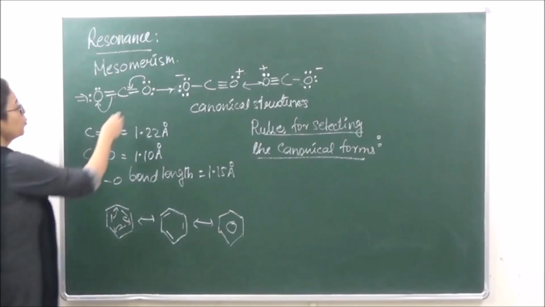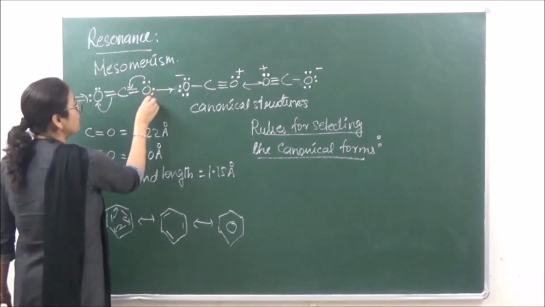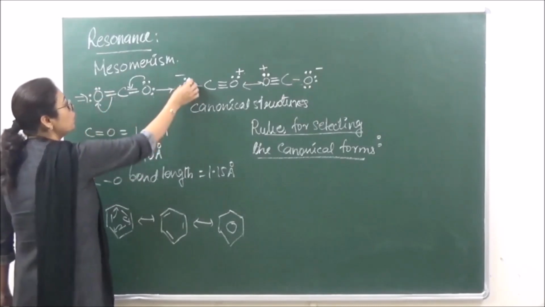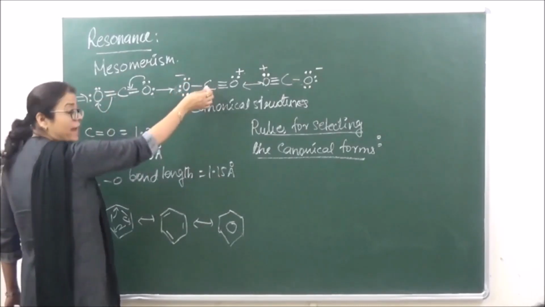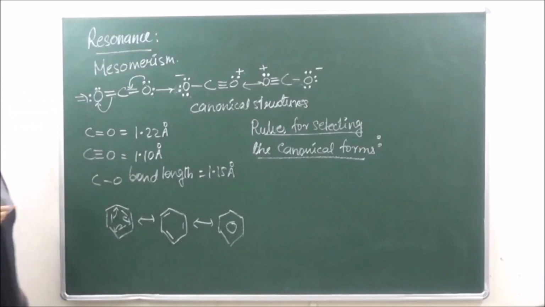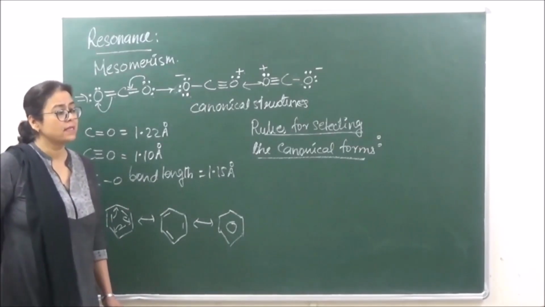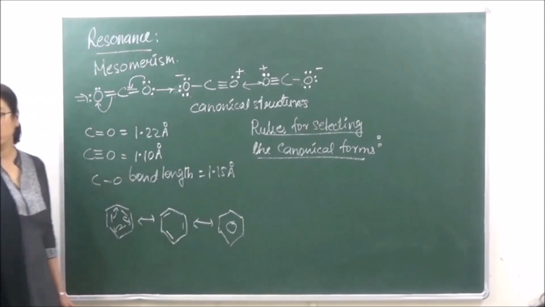So if we are looking at the total number of electrons over here, lone pairs, see 1, 2, 3, 4, 5, 6, 7, 8 lone pairs. So 1, 2, 3, 4, 5, 6, 7, 8. So the number of lone pairs of electrons in each of the canonical forms, that should remain always same. ठीक है? Number 3 लिखो.